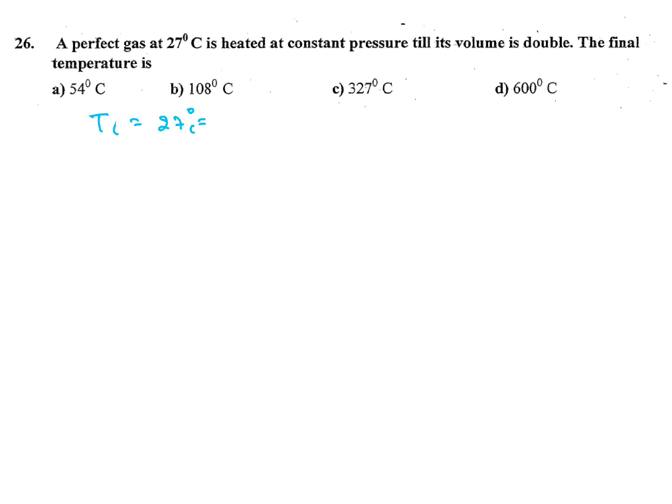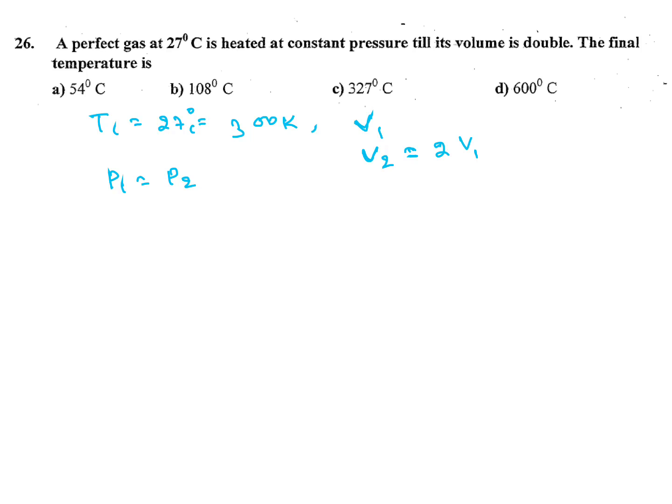In Kelvin it's 27 plus 273, 300 Kelvin. Till its volume is doubled, so let the initial volume be V1, and the final volume V2 is 2 times V1. Pressure is constant, so the initial pressure P1 and final pressure P2 are both the same.